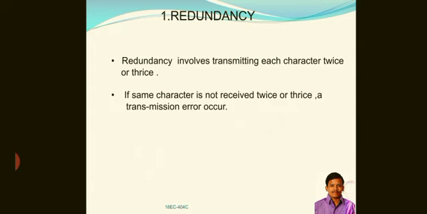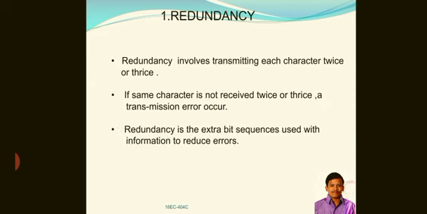For example, if we want to transmit an A, then this A will be repeatedly sent 2 times or 3 times. If the receiver receives all the data, including the duplicates, then we assume that no error occurred; otherwise some error has occurred.